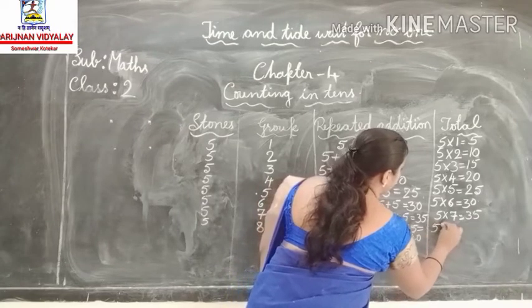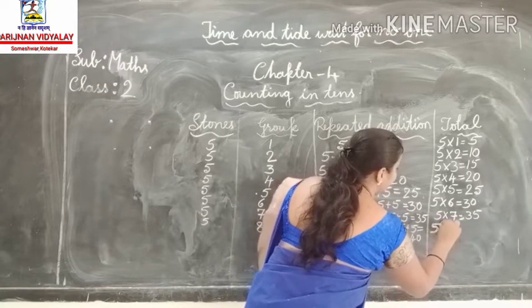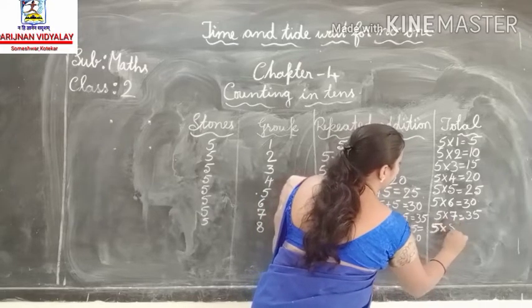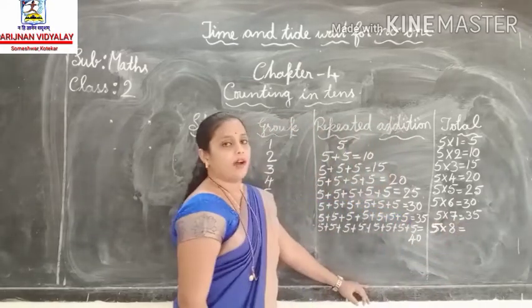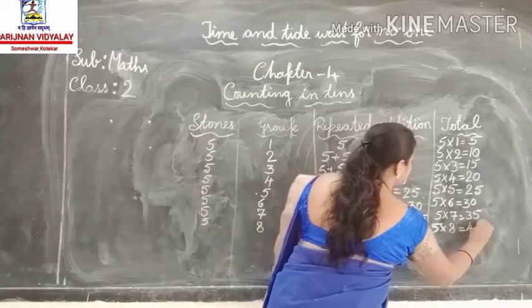So 5 into 8 groups is equal to 5 eights are 40.